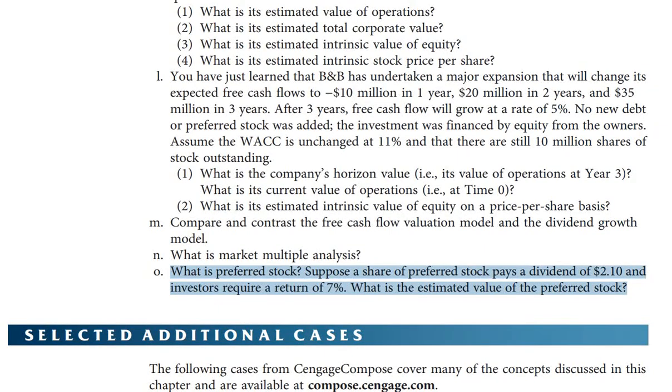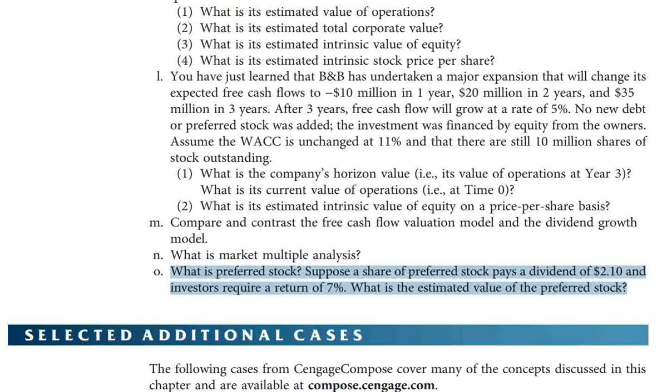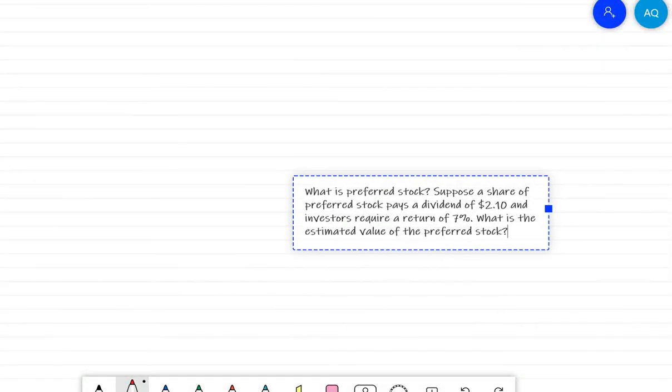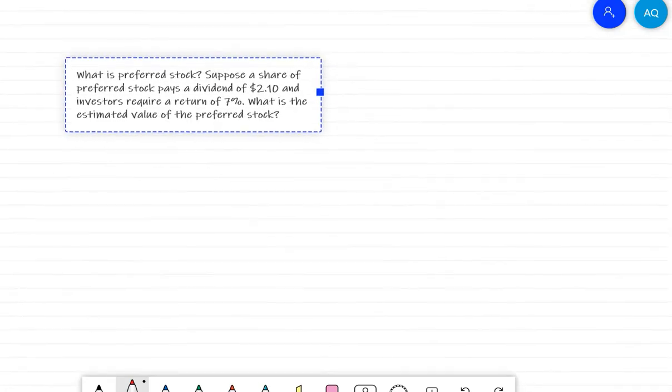What is preferred stock? Suppose a share of preferred stock pays a dividend of 2.10 and an investor requires a return of 7%. What is the estimated value of that preferred stock? Very simple question. We have to just calculate the value of preferred stock.